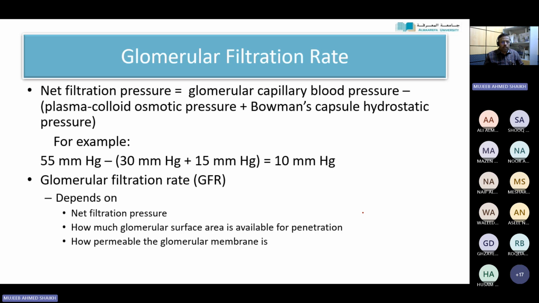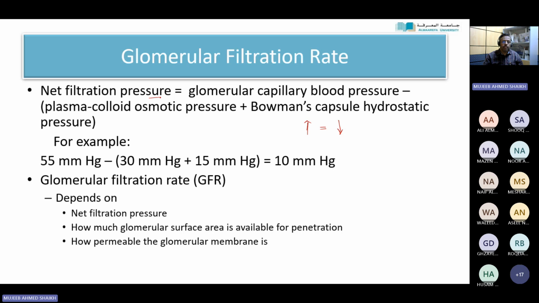How do we calculate the net filtration pressure? Net means which pressure is causing filtration and which force is causing opposition to filtration. The sum total, or you can say the difference between them, is known as net filtration pressure.